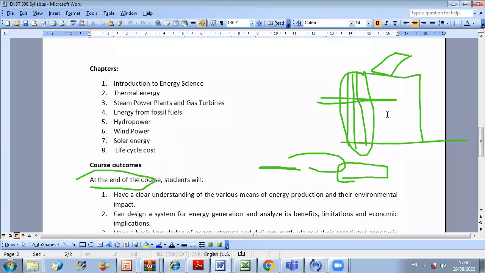For example, I give you the example of PV cells. At the beginning, the cost was very, very high, so no one would invest if they would not save money. This is why we did a lot of research on PV cells, to increase their efficiency and make them economically viable.